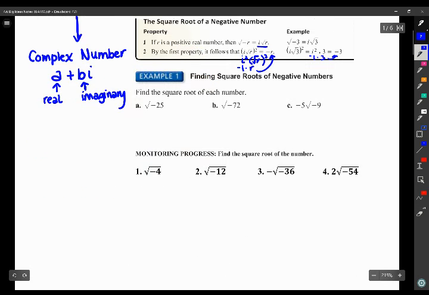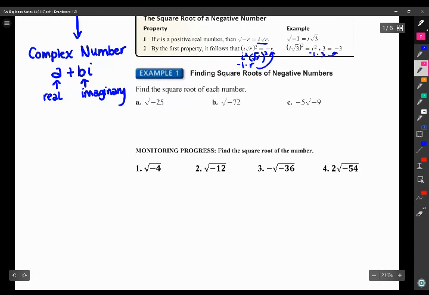So as we look at example 1, they're talking about the same thing. We're taking the square root of -25. Really, this is the same thing as -1 times 25, underneath the radical. And 25 will break down to be 5 times 5.